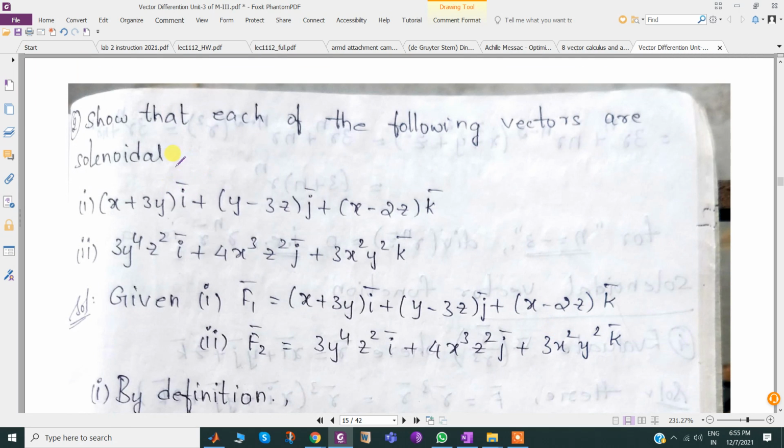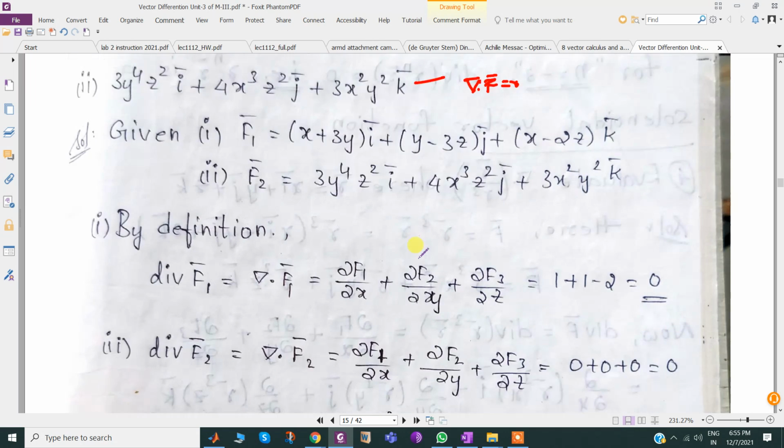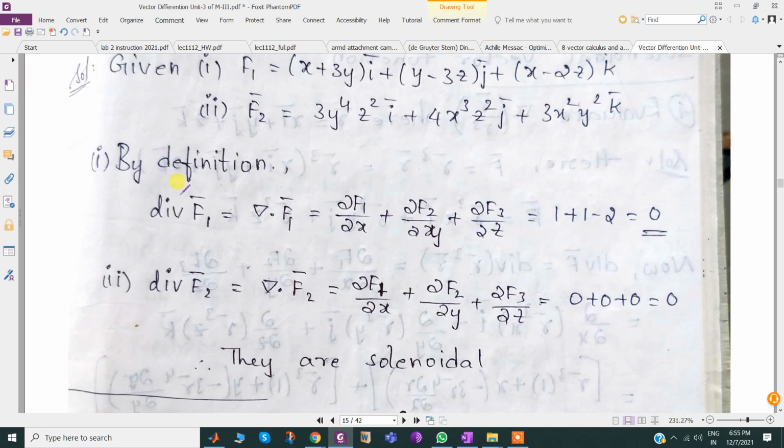Similarly, it was asked to show that each of the following vectors is solenoidal. This one and this one, you need to show. Solenoidal means del dot f bar equal to 0. Here also del dot f bar should equal 0. Then div f1 equals del dot f1, del f1 by del x. Same logic here.